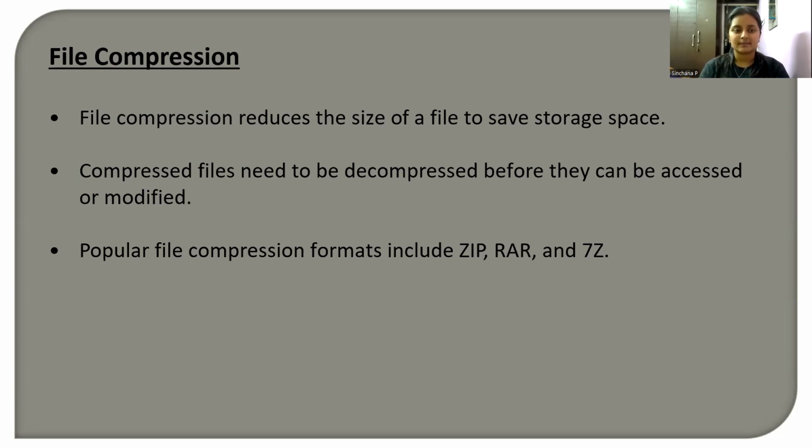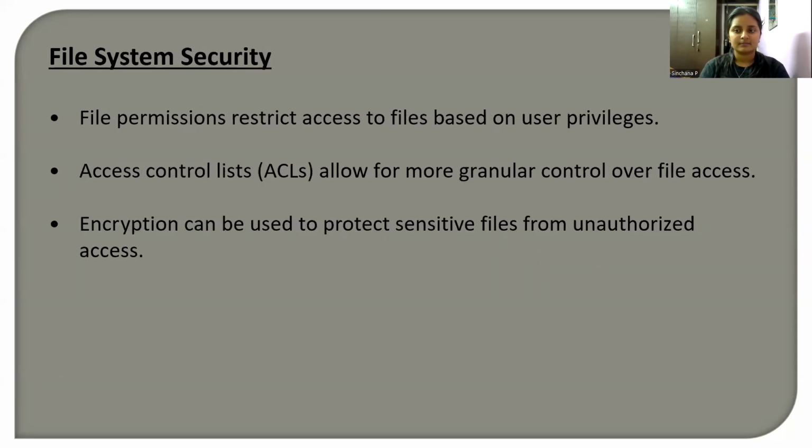And the next is file system security. File permissions restrict access to files based on user privileges. Access control lists, that is ACLs, allow for more granular control over file access.